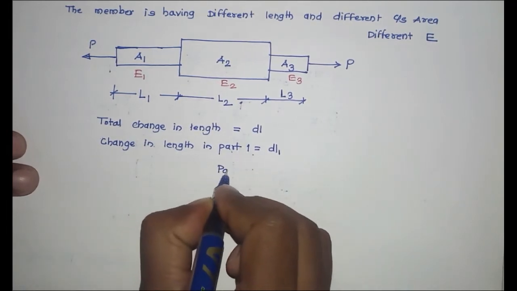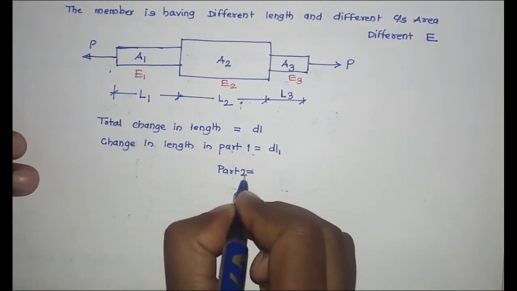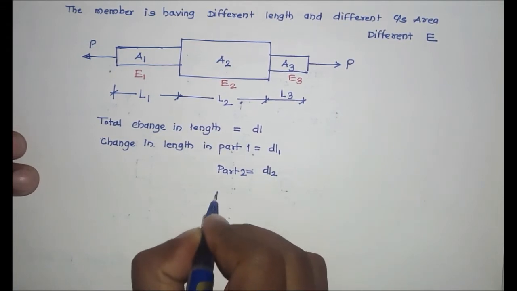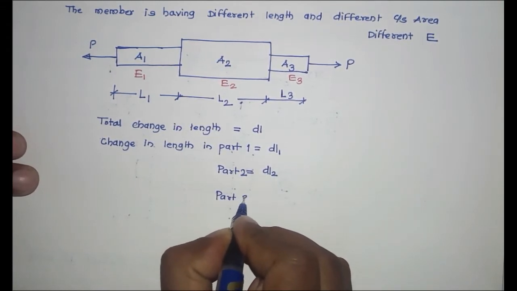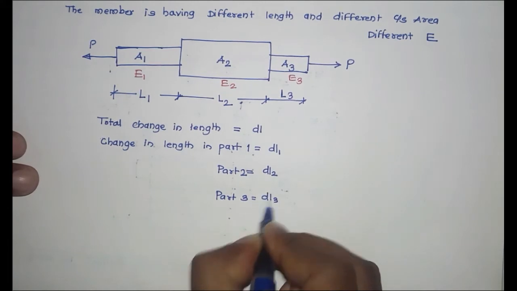Similarly in part 2 we will assume it is dl2, and similarly in part 3 it is dl3.